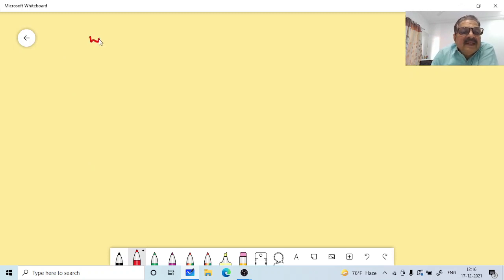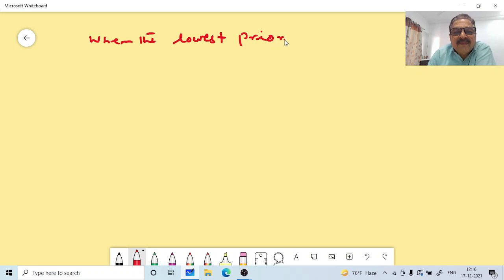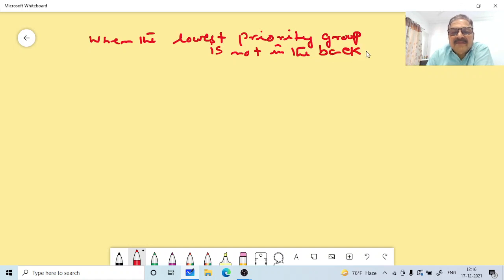We can say when the lowest priority group is not in the back, then we have to bring it there. Okay, that is the thing. That is what we are going to discuss now, when the lowest priority group is not in the back.